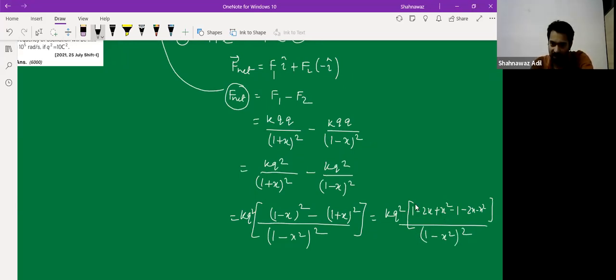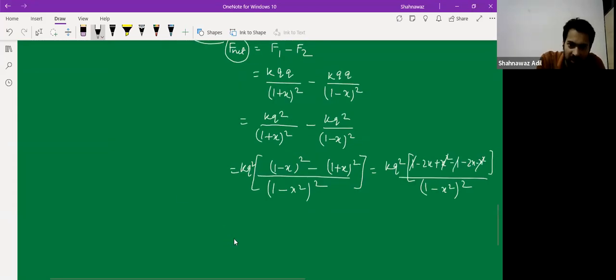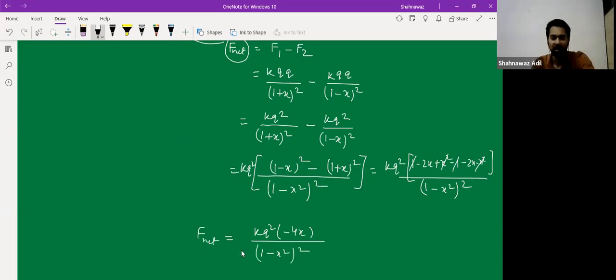So this cancels, and we have how much? So this is kq squared times minus 4x divided by (1 minus x squared) whole squared, right? This is F naught, right?